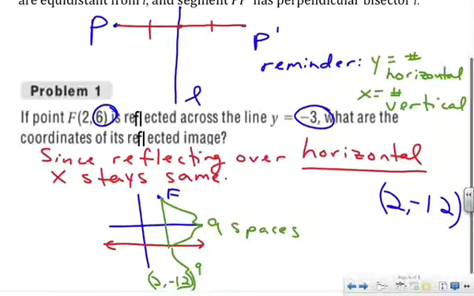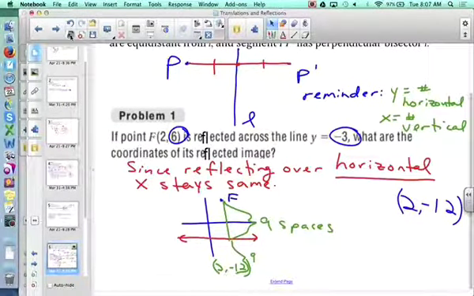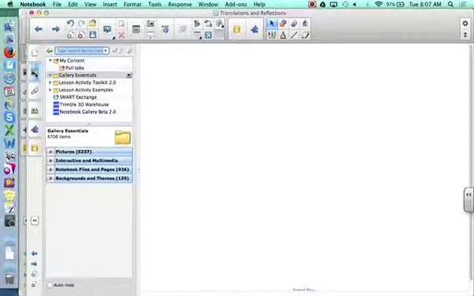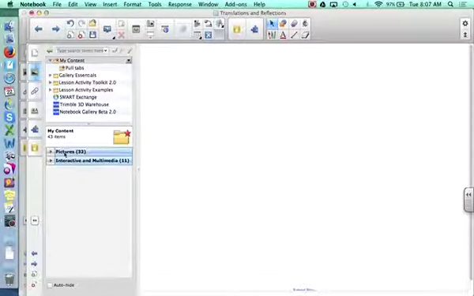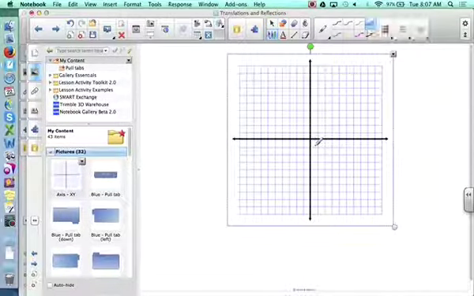Yes, ma'am. Okay, so let me make it a little bit more perfect. My line of reflection was y equals -3. Here.